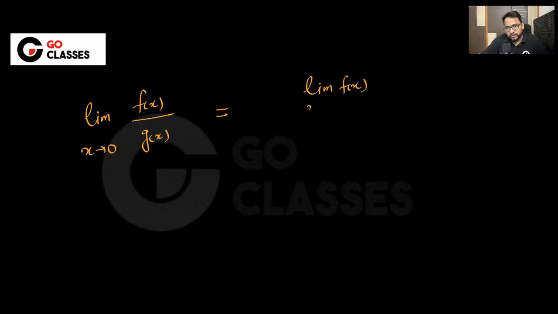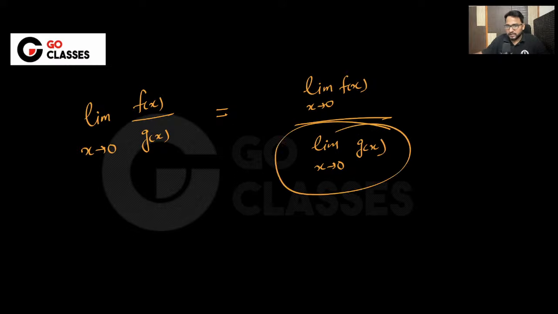Let's suppose you have limit f(x) upon g(x) as x tends to 0, then you can write it as limit f(x) as x tends to 0 upon limit g(x) as x tends to 0. I'm assuming here that this limit is not 0, otherwise that will be a problem.